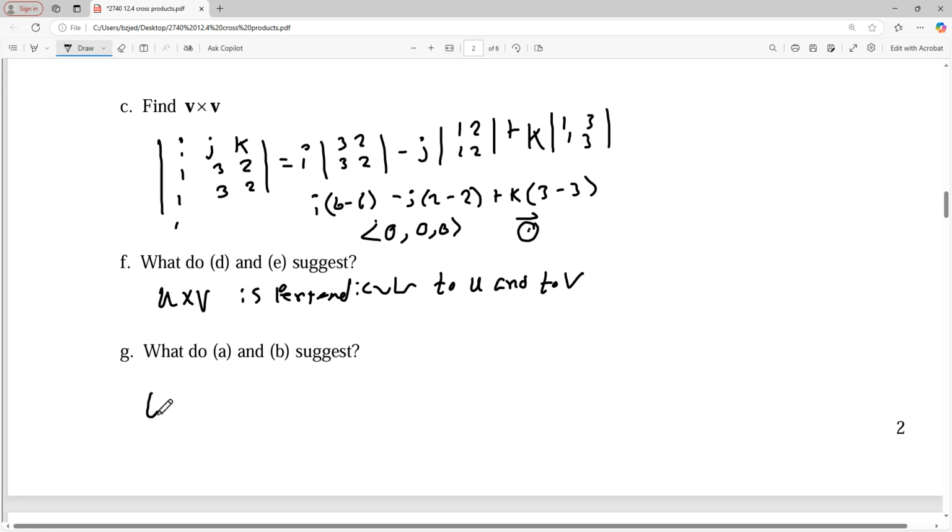The only difference is that u cross v is equal to -1 times v cross u. It's just equal to the opposite of v cross u.